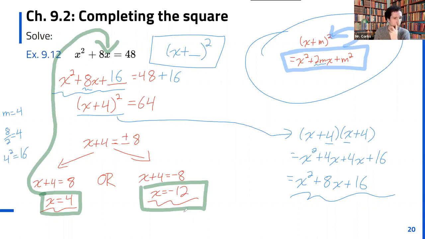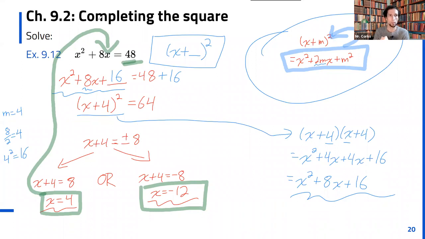That works. Negative 12 squared is equal to 144. And then negative 12 times 8 is 96. Yes, so 144 minus 96, 48. So yes, it works.